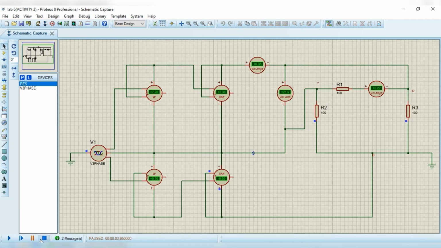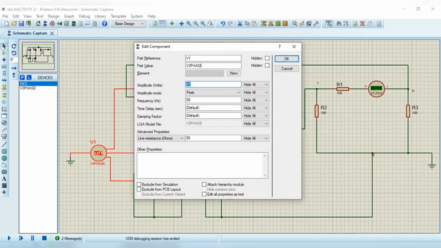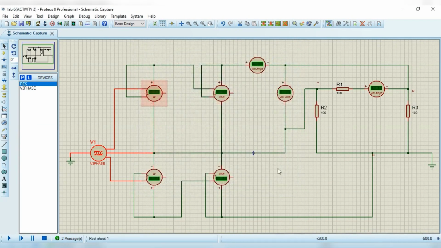Okay, next voltage is 90 volt. The value of the resistance is still the same. Then we run. Okay, the voltage of the circuit is 43.9 volt, and the current here is 0.44, and the current here is 0.69 amp.